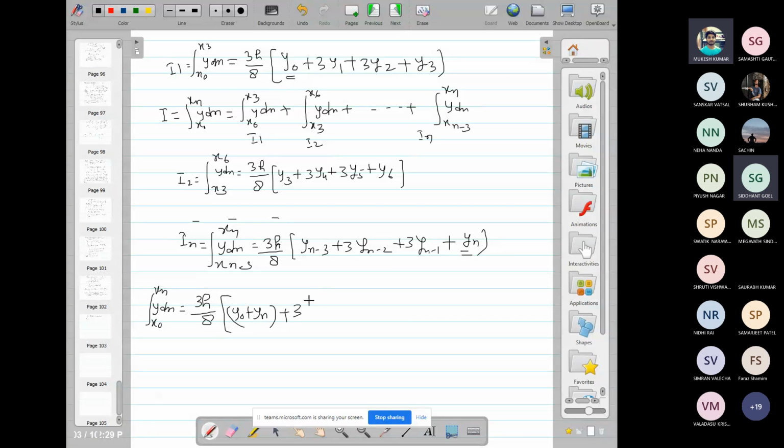Next, plus 3 times y1, y2, y4, y5 and up to y(n-2) plus y(n-1), and 3 is repeated two times. Then plus 2 times (y3 plus y6).